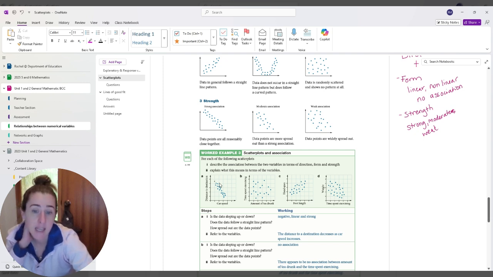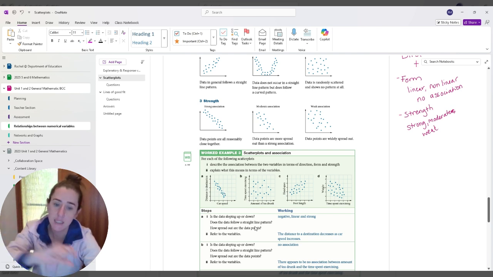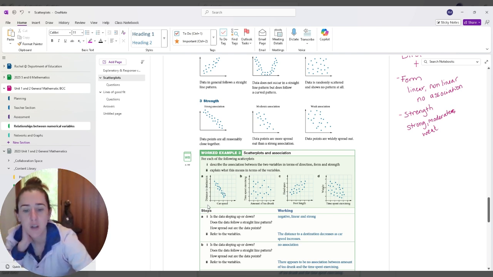It's linear and it's strong. So see how it's really tightly bound together. So as our car speed increases, our distance to destination decreases. Okay? Or the distance to our destination decreases as car speed increases.